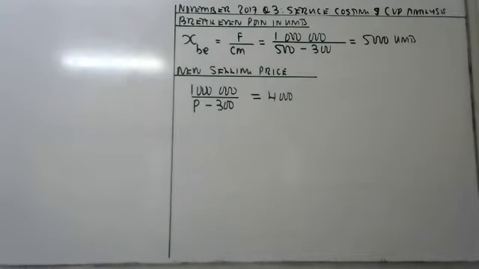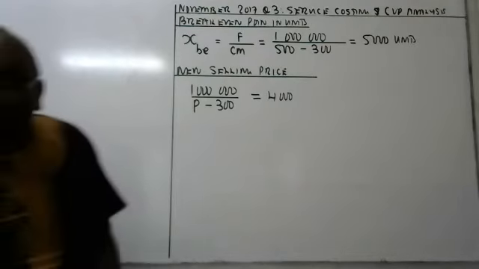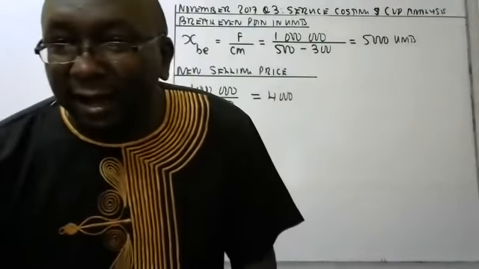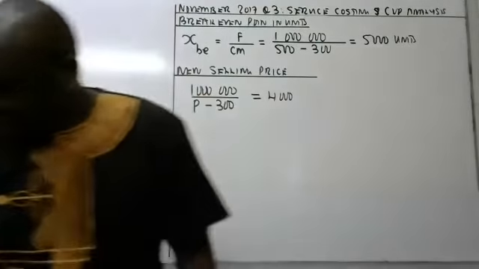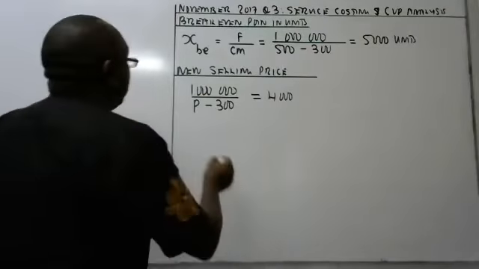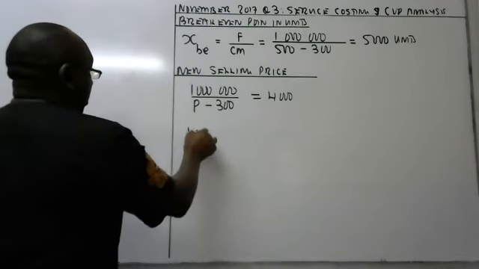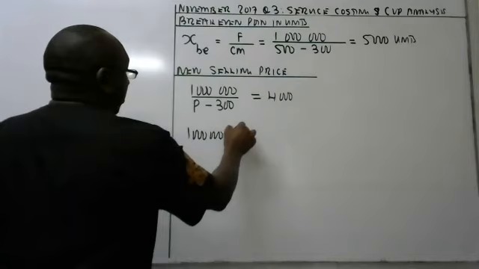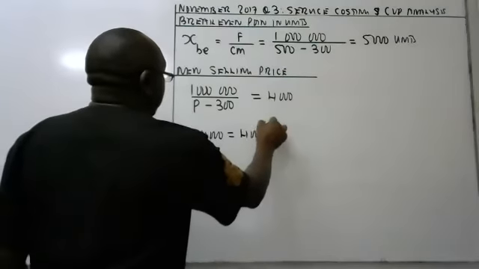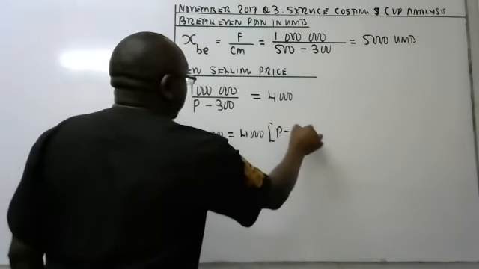Yeah, good. I see you are okay, Jamal. Okay, so how is it supposed to be done? You argue like this. It will be 1,000,000 over P minus 300 equals 4,000.